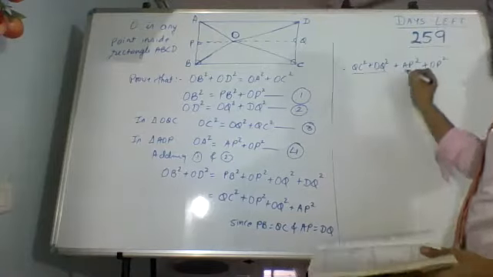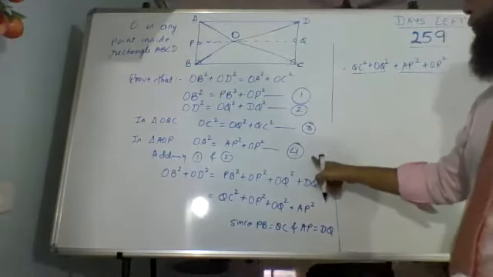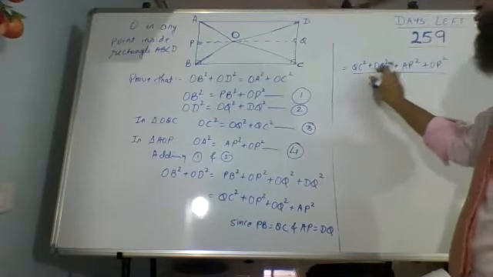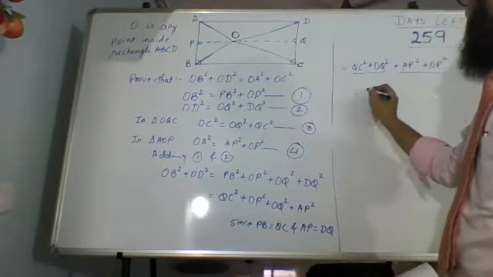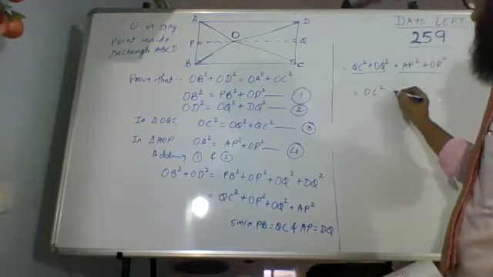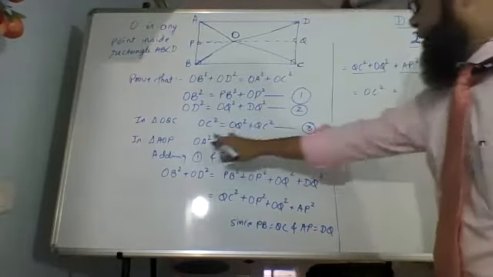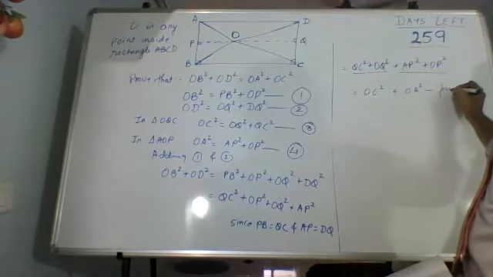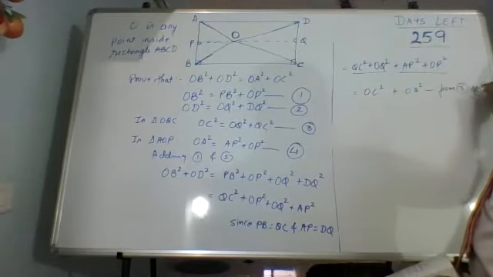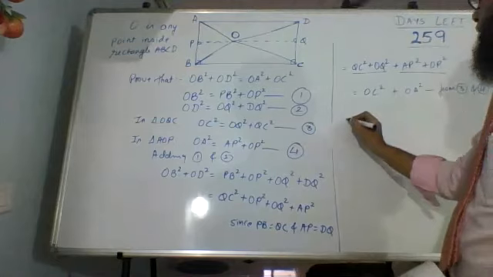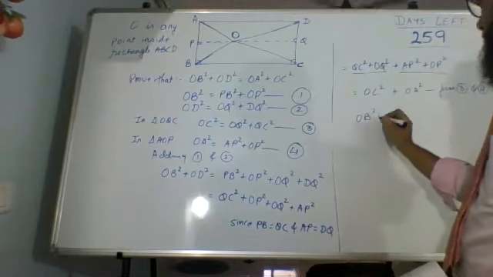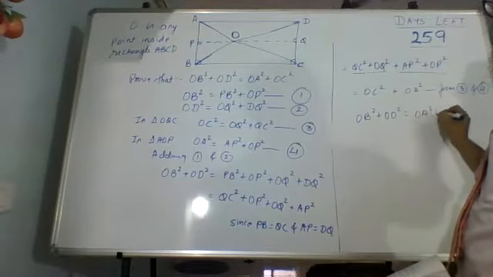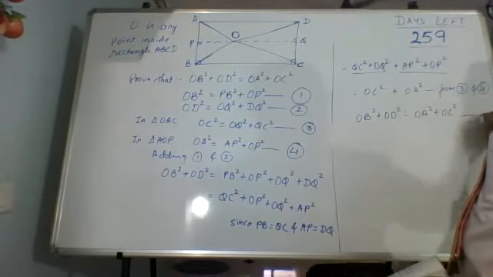Now you'll see this and this, 3 and 4. OQ square plus QC square is nothing but OC square, and AP square plus OP square is nothing but OA square, from 3 and 4. Therefore, OB square plus OD square equals to OA square plus OC square.